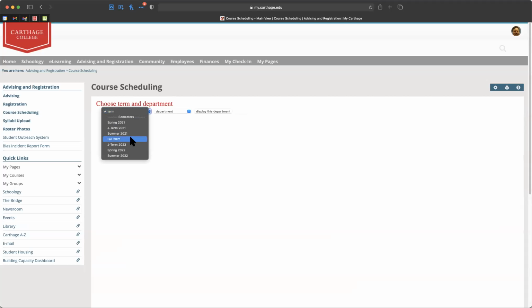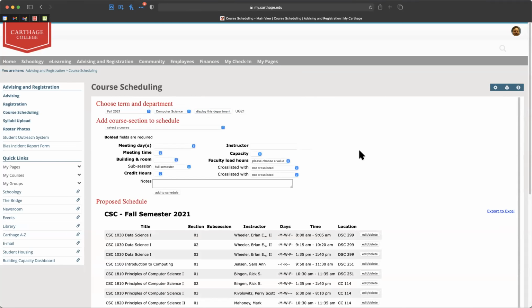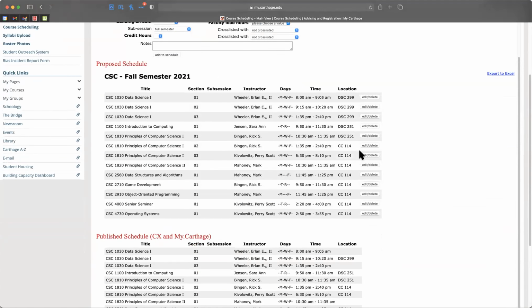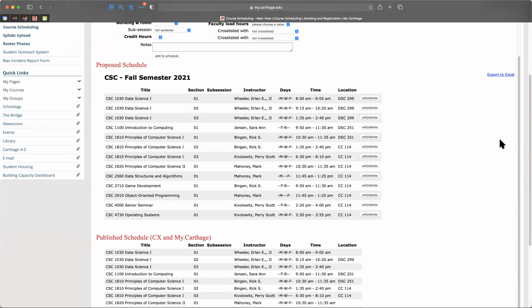So for fall of next year, you have these choices. I would imagine that many of you who are becoming seniors next year must be in this class and must be in that class.